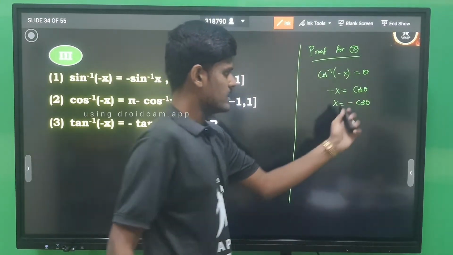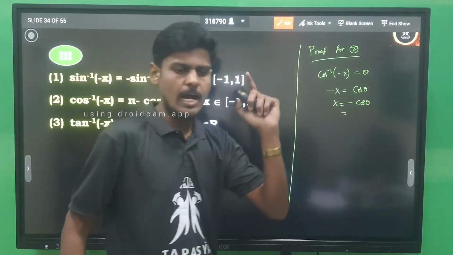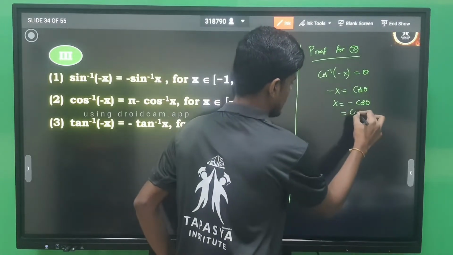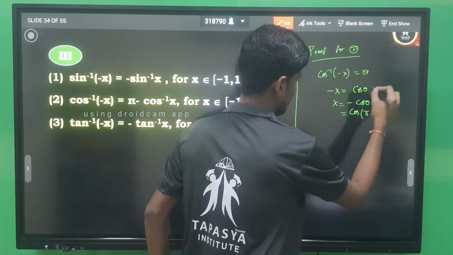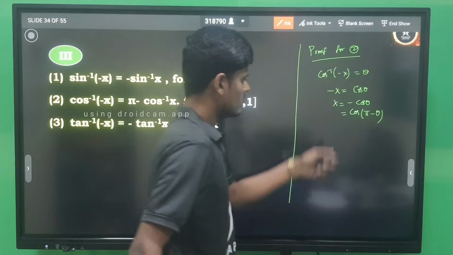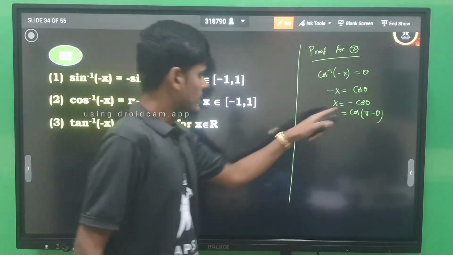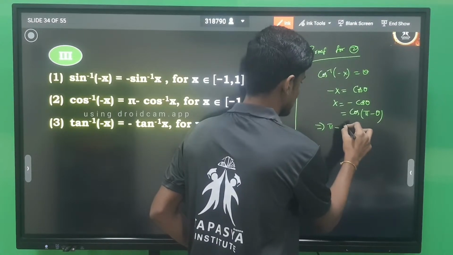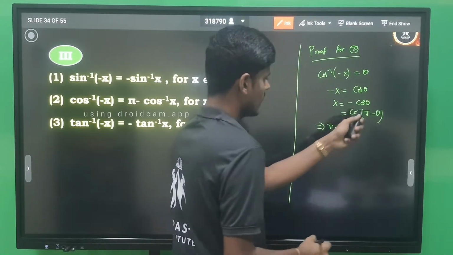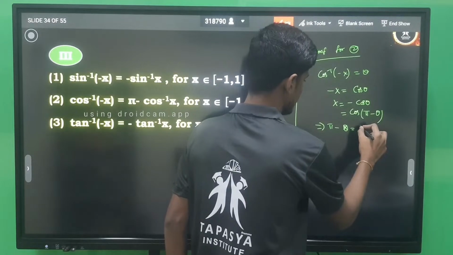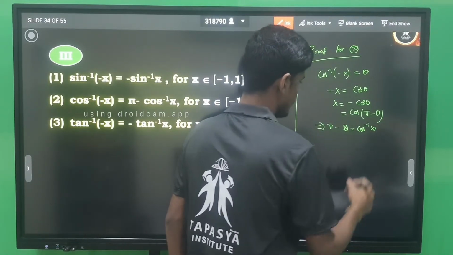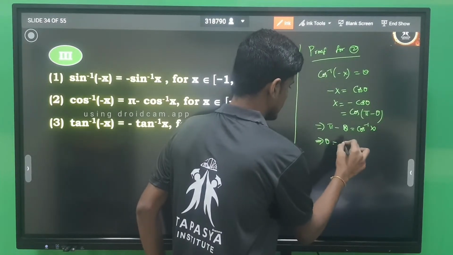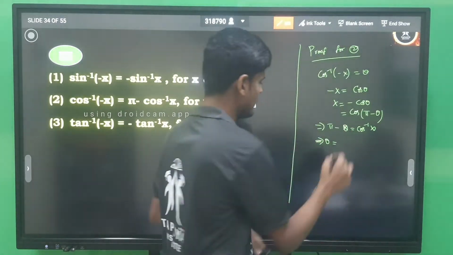Now how to write this? Minus cos theta. We already know cos of 180 minus theta is minus cos theta. So we can write this as cos of pi minus theta. So pi minus theta equal to cos inverse of x, which implies theta is equal to pi minus cos inverse of x.